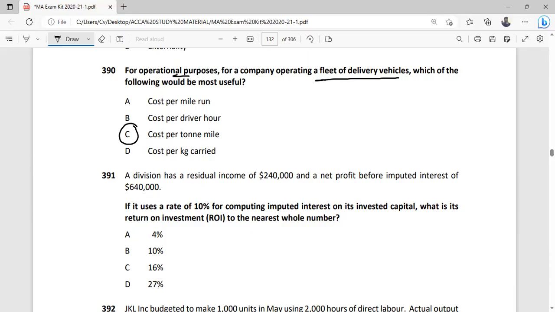Maybe it will be an appropriate measure wherever the driver is the main cost factor. Cost per kg carried could be an appropriate measure if we say cost per kg carried per mile. But this one is incomplete, so that's why it is incorrect. The correct one is cost per ton per mile because it is considering ton and distance covered both. Weight and distance both are relevant in the fleet of delivery vehicles. Any question?